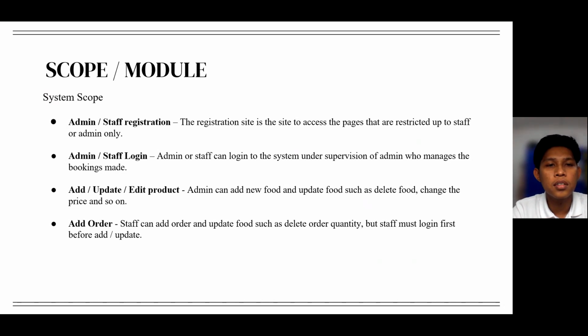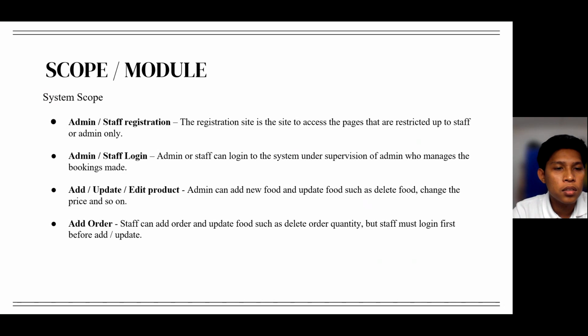After the registration has been made, the admin or staff will have to log in to the system to add, update, edit, or delete products and take an order. My system also has an add, update, edit module where the admin can add new food and update food, such as delete food, change the price, and so on.